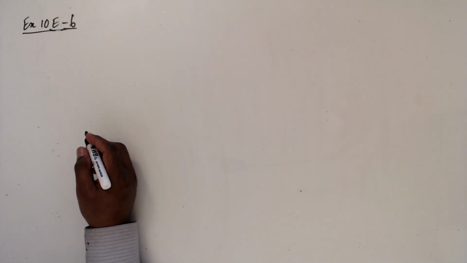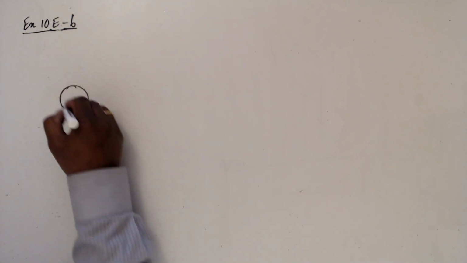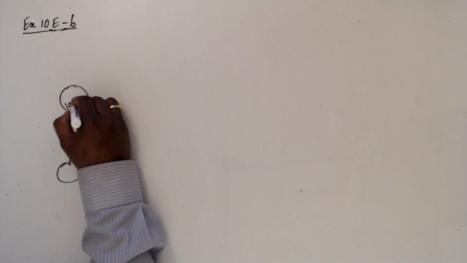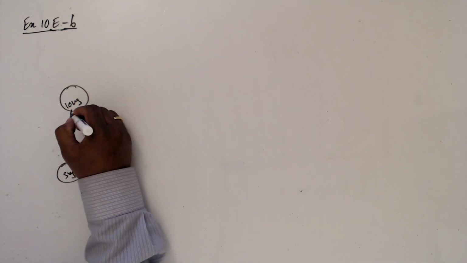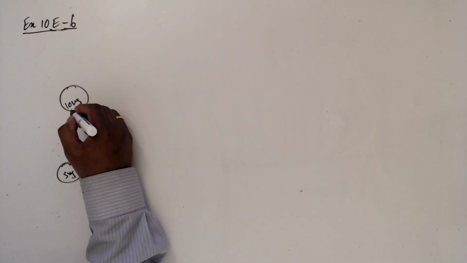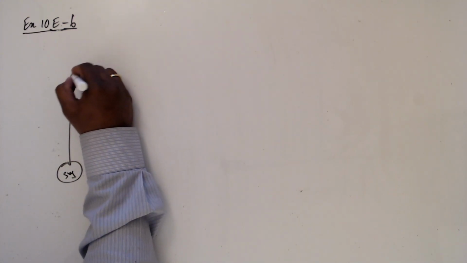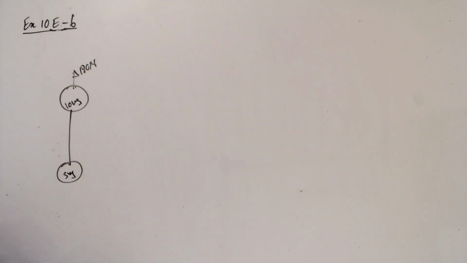Particle B is hung directly below particle A. So this is A and B. A is 10 kg, this is 5 kg, and a force of 180 Newton is applied vertically upwards to accelerate the particles. So we need to find the acceleration.